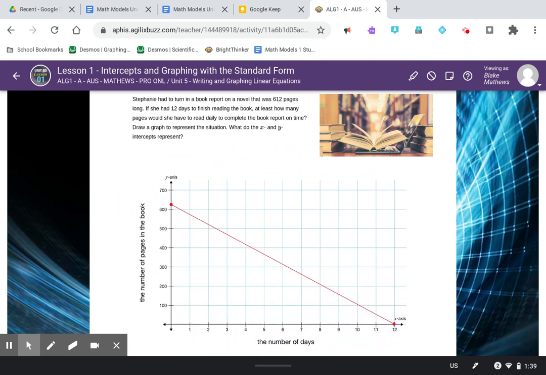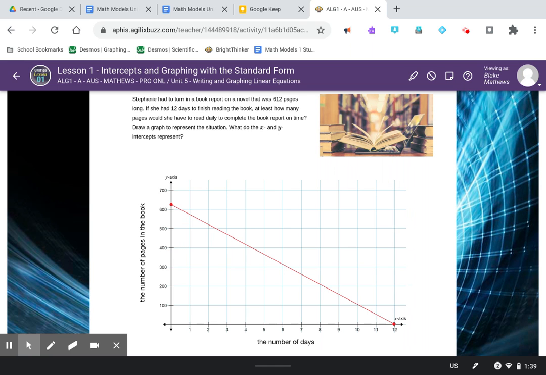This is an important concept: what do the y-intercept and the x-intercept mean when we're dealing with something in real life? It says Stephanie had to turn in a book report on a novel that was 612 pages long. If she had 12 days to finish reading the book, at least how many pages would she have to read daily to complete the book report on time? Draw a graph. What do the x and y intercepts represent?